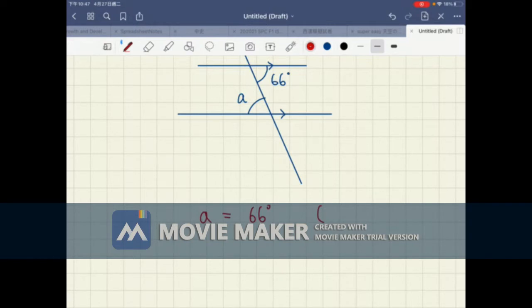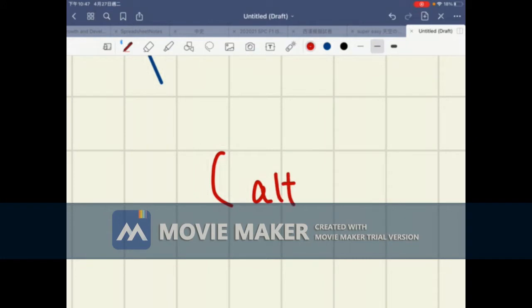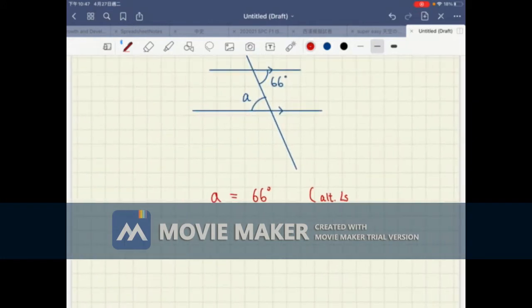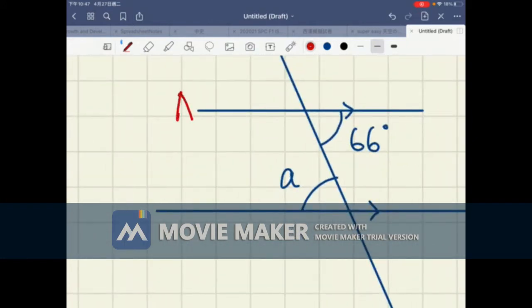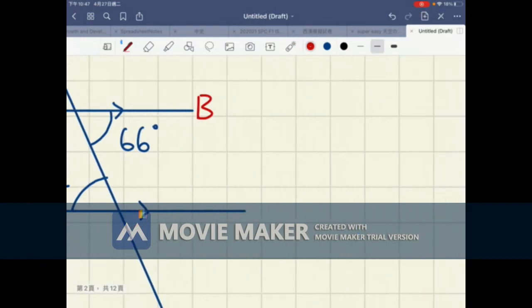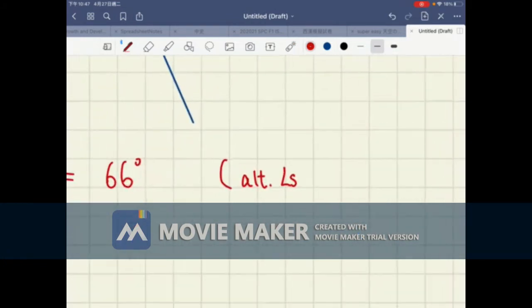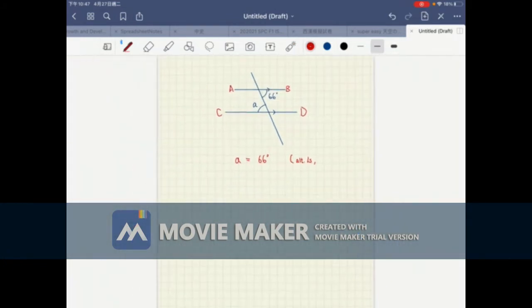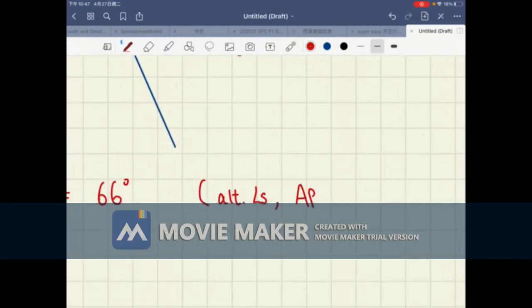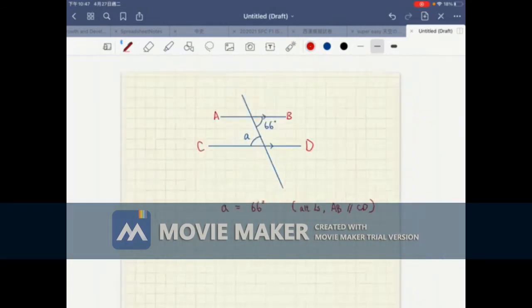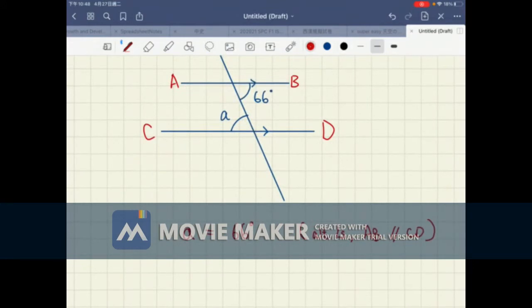Because they are alternate angles. So we need to write down alternate angles. Given that these two are parallel lines, since we've got this sign, we jot down some points for the line segments, and then we explain why. Because AB is parallel to CD, therefore they form alternate angles. Therefore the value of A is 66 degrees.